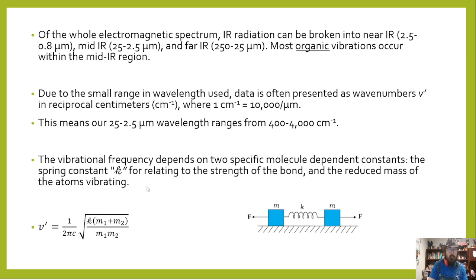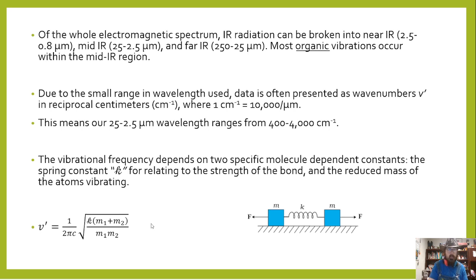The reduced mass is calculated very interestingly, but it's the product of the two masses divided by the sum of the two masses. So, for example, if I'm looking at an oxygen-hydrogen bond, it'd be the mass 16 times 1 over 16 plus 1. While the spring constant may be similar for OH as it is for CH, the reduced mass would be 12 times 1 over 12 plus 1.